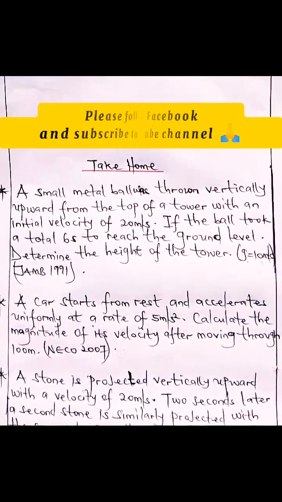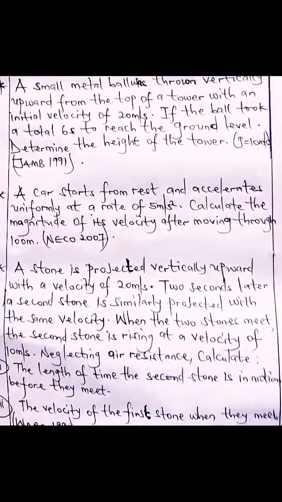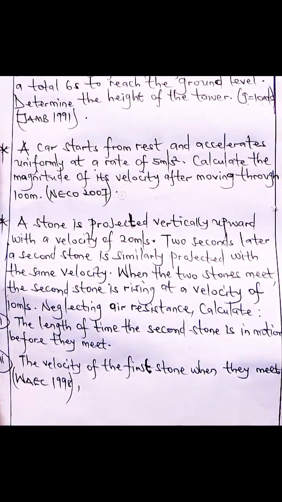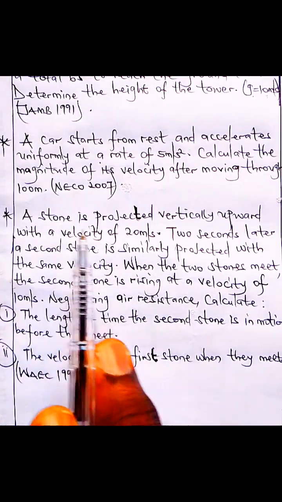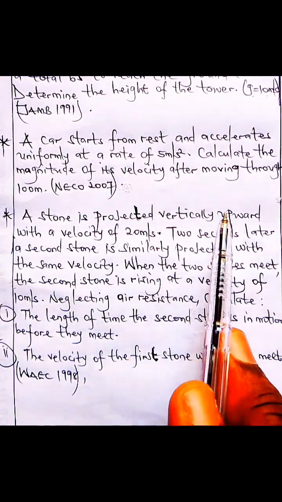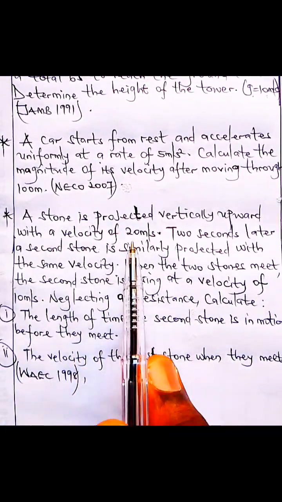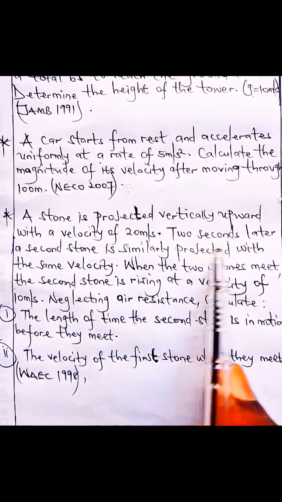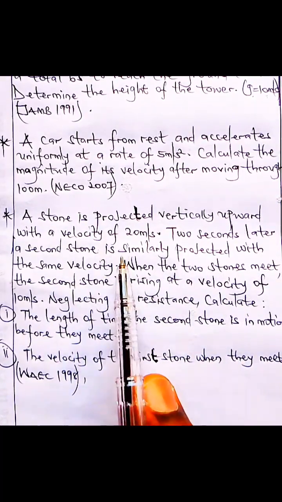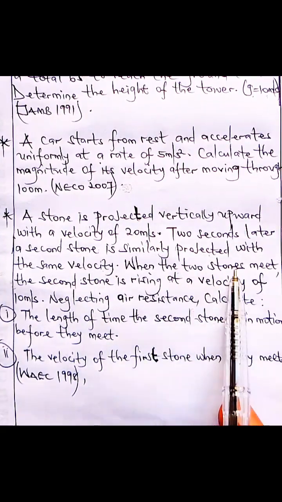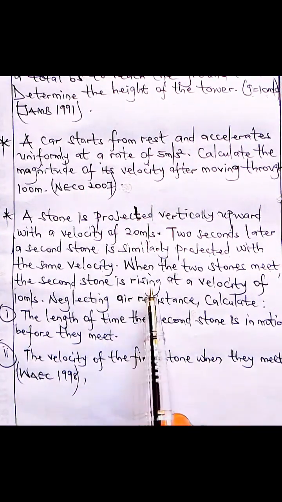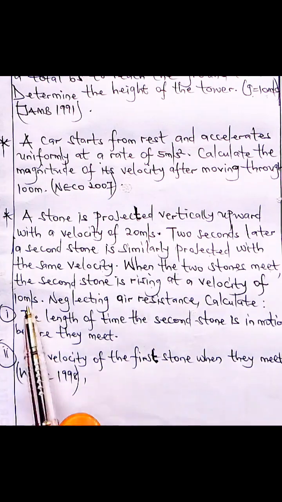Now, the very last question is quite complex. It will force you to dig deep. A stone is projected vertically upward with a velocity of 20 meters per second. 2 seconds later, a second stone is similarly projected with the same velocity. When the two stones meet, the second stone is rising at a velocity of 10 meters per second.